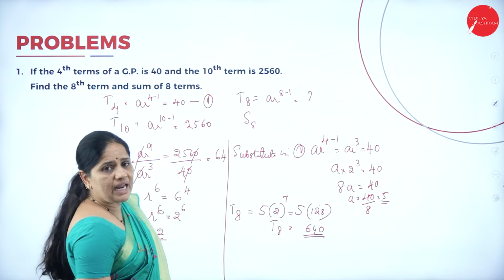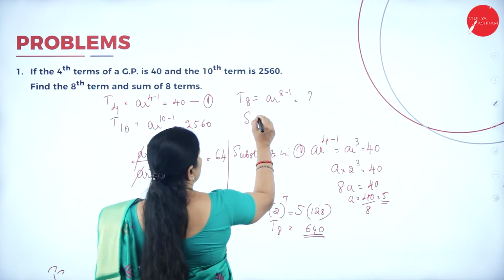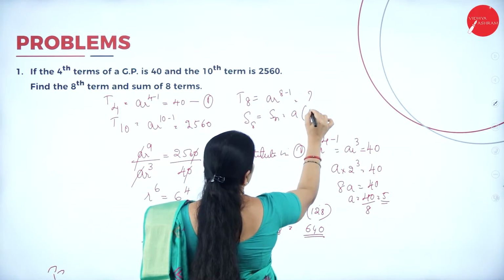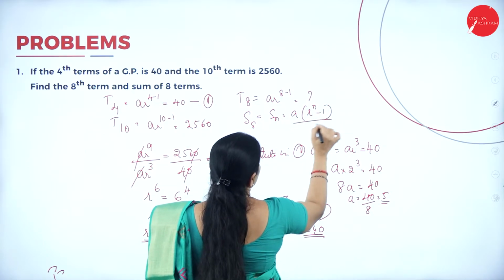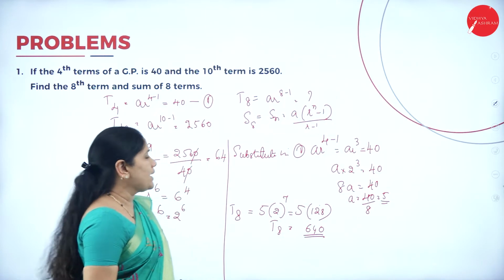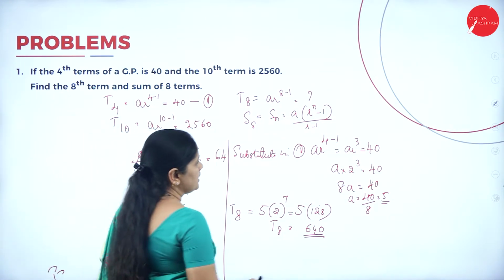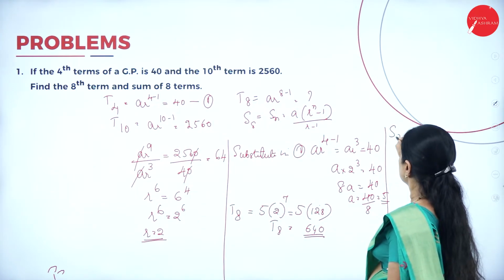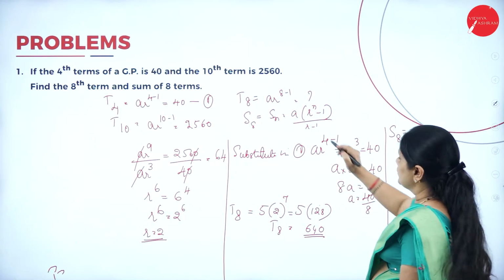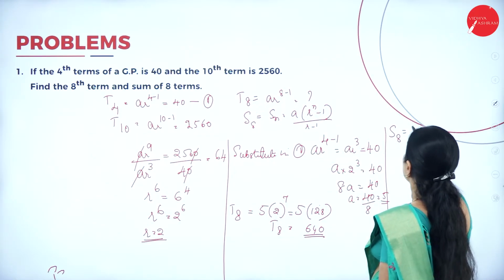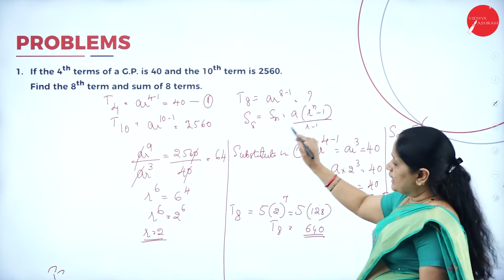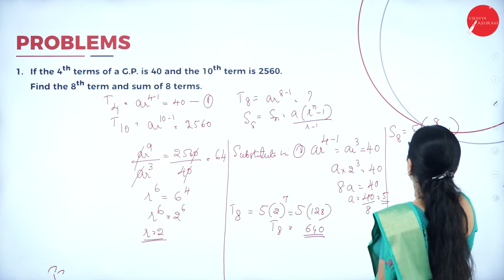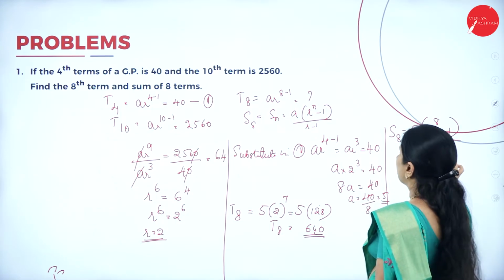Now we have to find S8. So for S8, we use the Sn formula. Sn will be equal to a into r to the power of n minus 1, divided by r minus 1. So we substitute the values here. S8 will be equal to, instead of a, I will write 5, into, instead of r, I am writing 2, 2 to the power of 8 minus 1, whole over 2 minus 1.